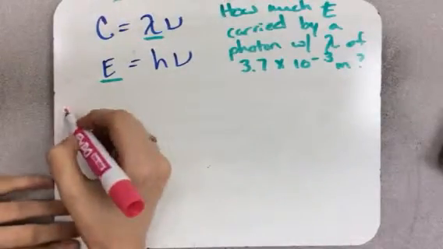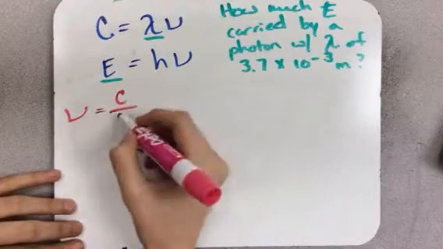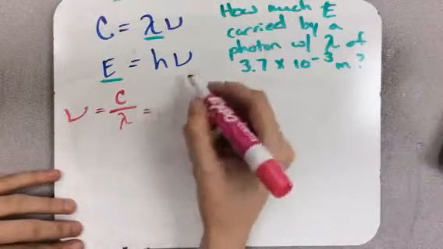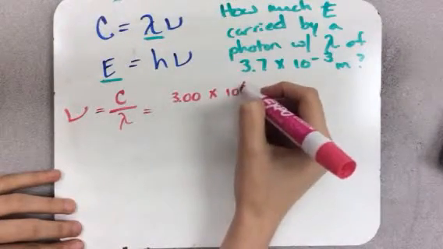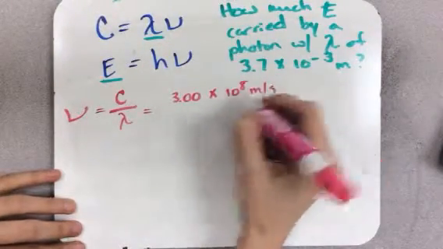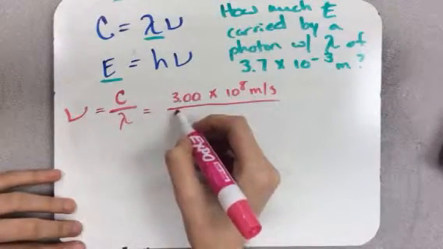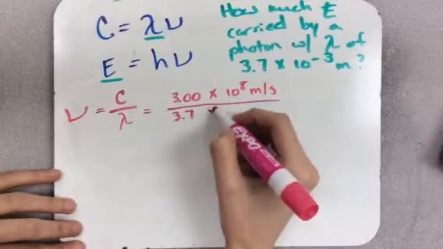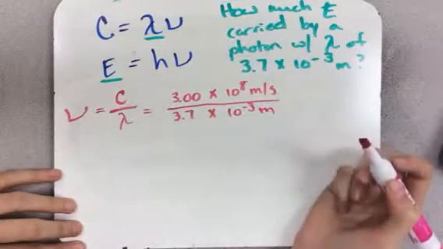So we're solving for frequency. That's nu equals c over lambda equals 3.00 times 10 to the 8th meters per second divided by wavelength, which was 3.7 times 10 to the negative 3 meters.